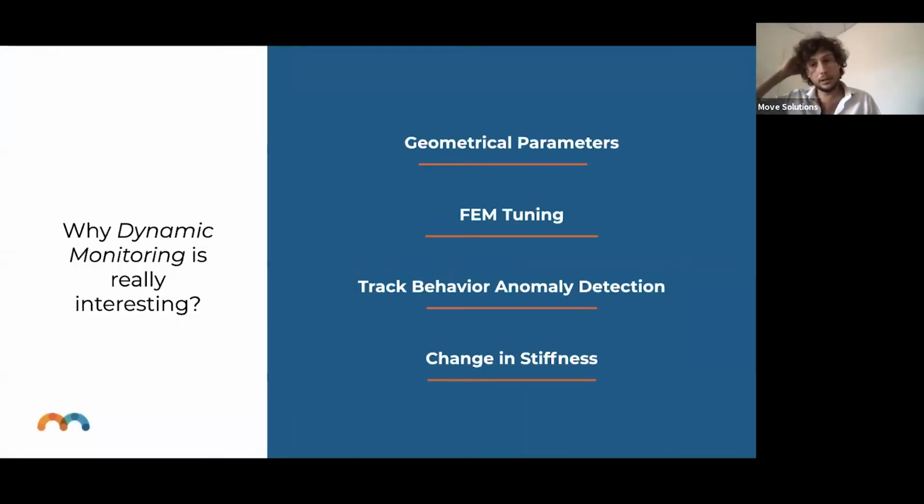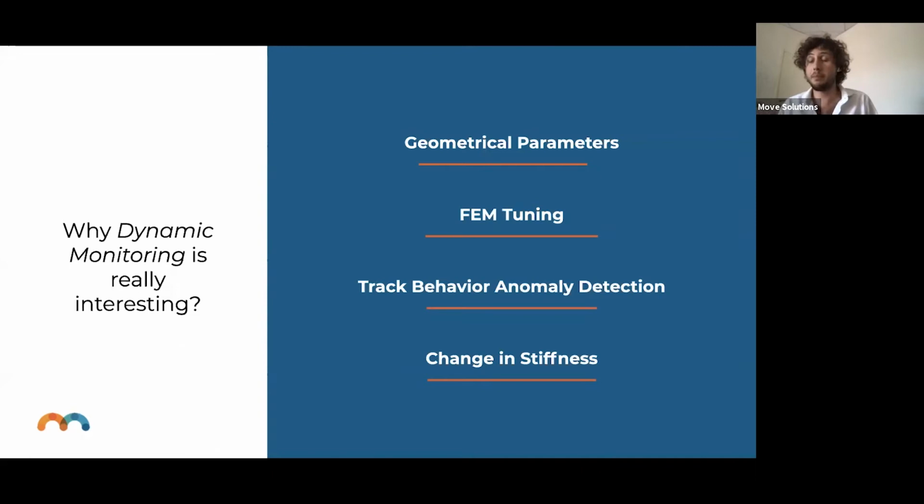Now, regarding dynamic monitoring, you can also do other things. By making dynamic monitoring, you can extrapolate these geometrical parameters, so you can check, as we said, if these parameters change. It's something that you wouldn't see by eye, or by slow measuring. It's something you're not actually seeing if you're not performing the monitoring dynamically. Second, you can tune the finite element model.